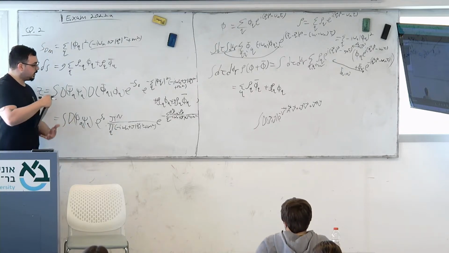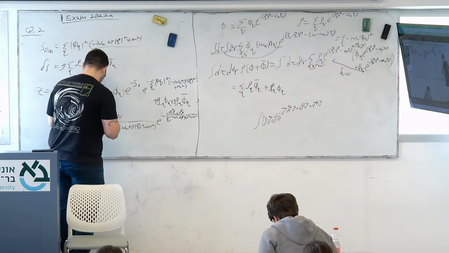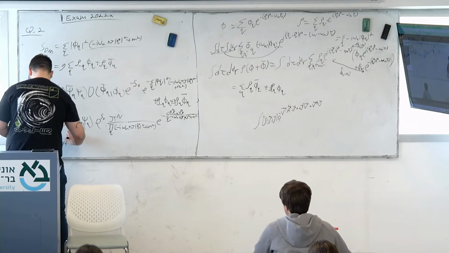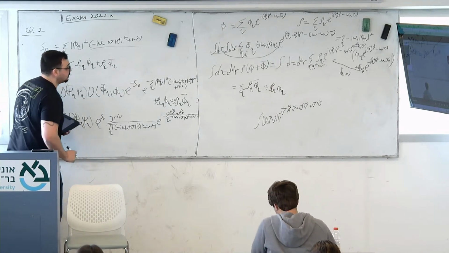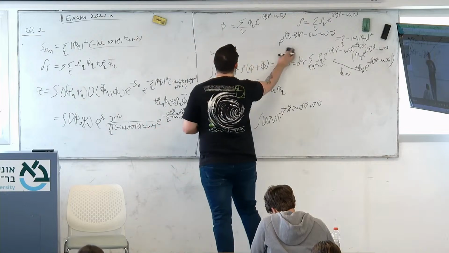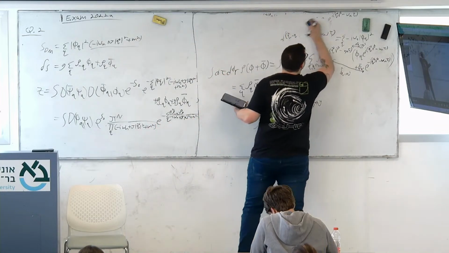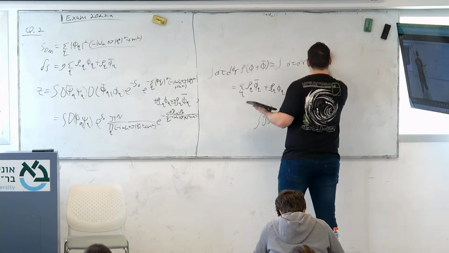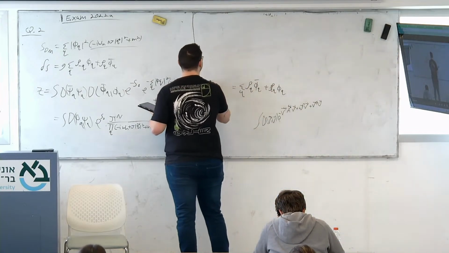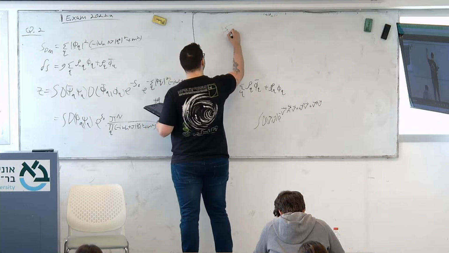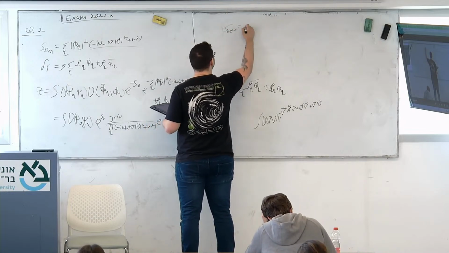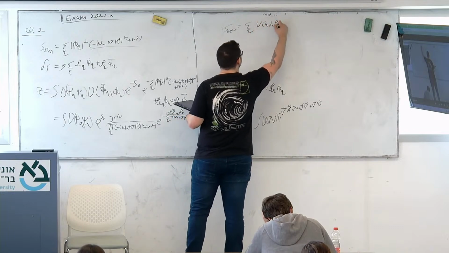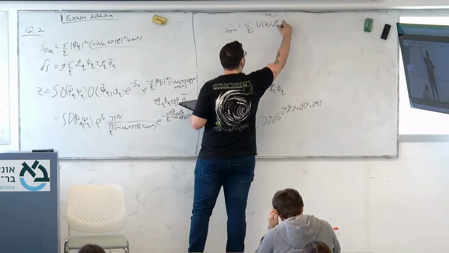But anyway, we see here the question asks us to find the S effective. I'm going to write it in some place so everyone can see. The question asks us to find S effective equals sum over Q, V of Q, rho Q, minus.